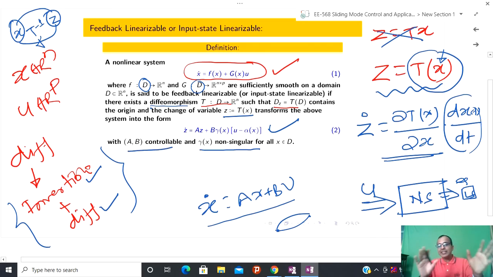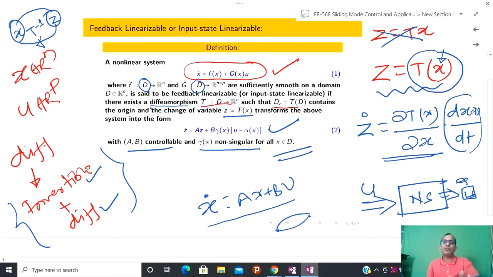So now you can see that this is not so obvious, because first of all you have to find some kind of transformation that is state dependent. Second, whatever system comes into the picture, the pair A and B should be controllable, and gamma x, which is in multiplicative form, should be invertible for all x, where x belongs to D.